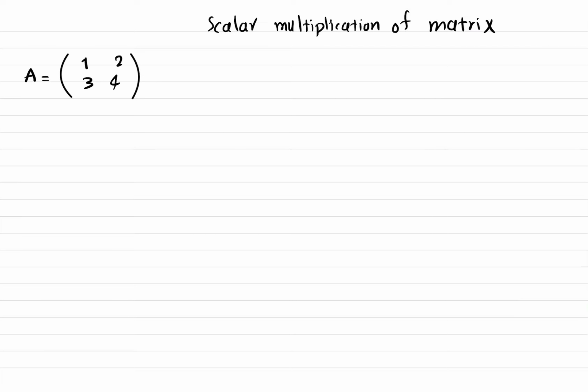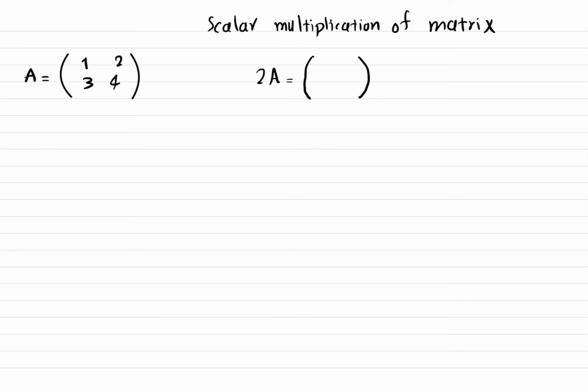Okay, and we want to obtain matrix 2A. We should multiply all the elements of the matrix A with number 2.